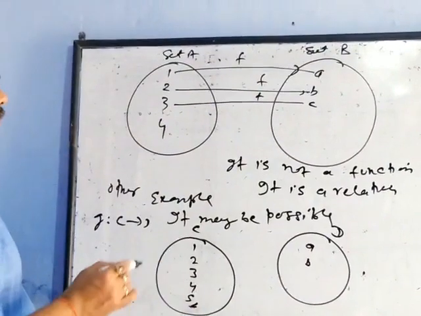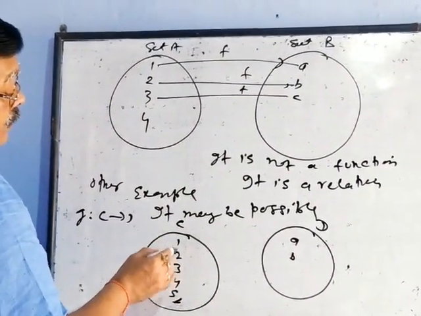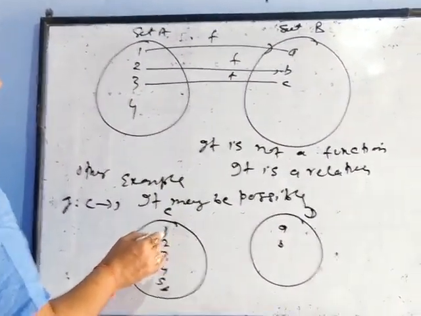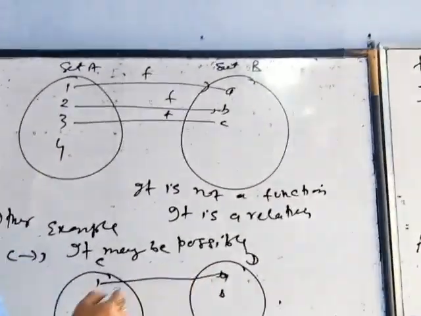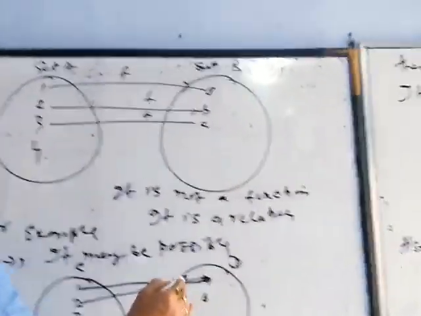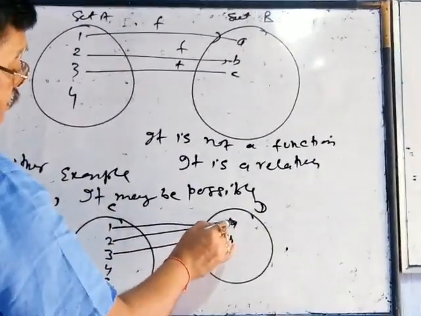It may be possible that more than one distinct element of this set is related with a single element of this set. It may be possible.